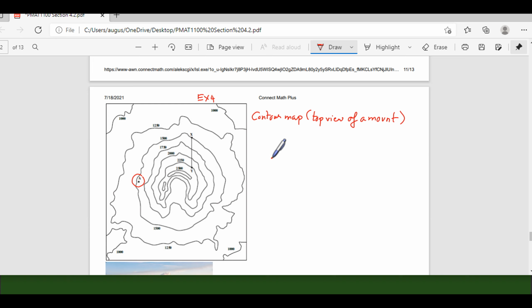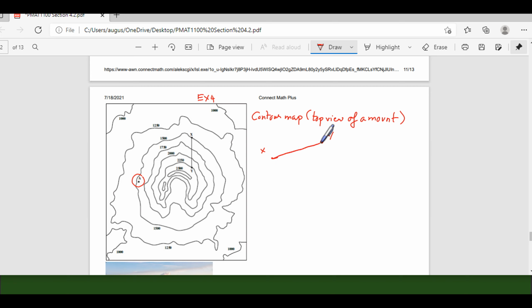Point X is 1500, and point Y is right on the 2,250 curve, so it's higher. Point Y must be over here and point X over here, and I connect point X and point Y.